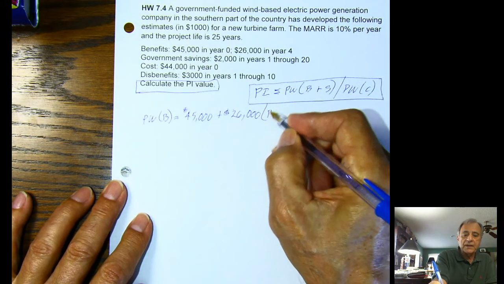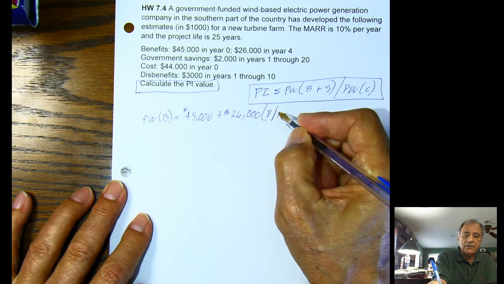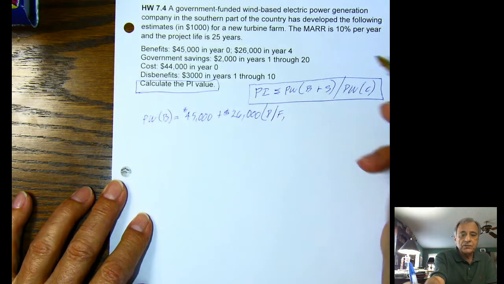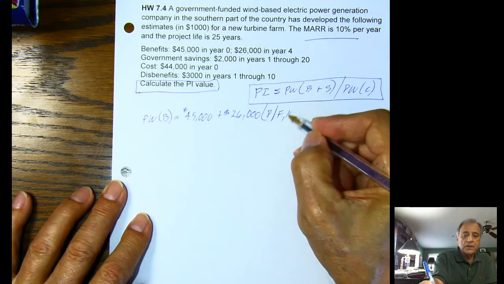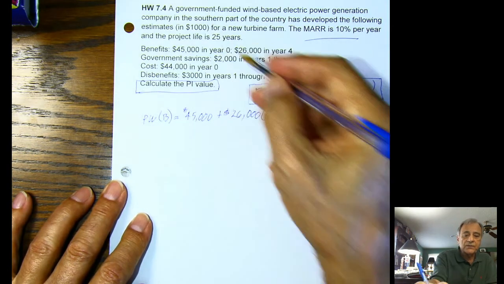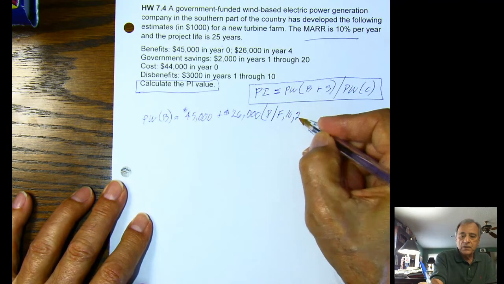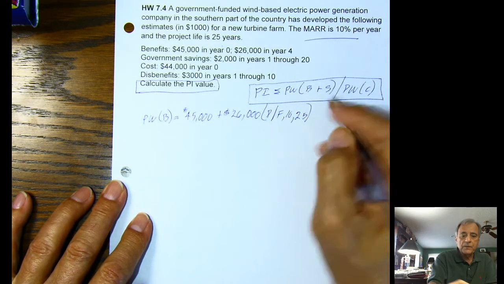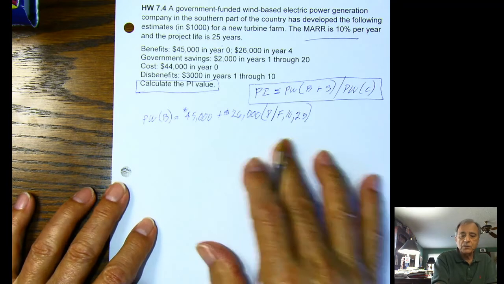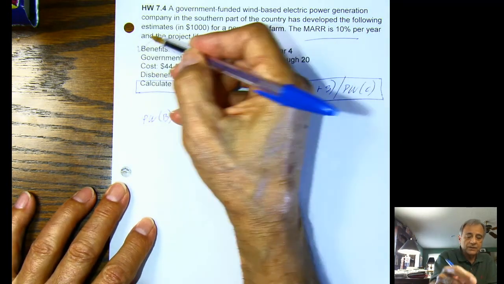So I'm going to multiply that times P given F. The interest rate is 10%, and that will give me the present worth of these benefits, okay?